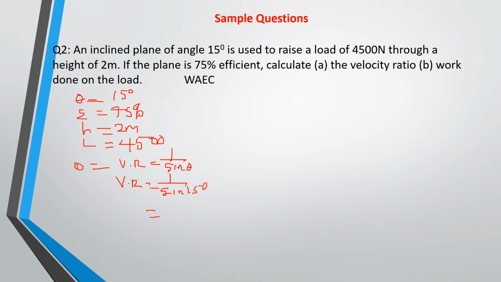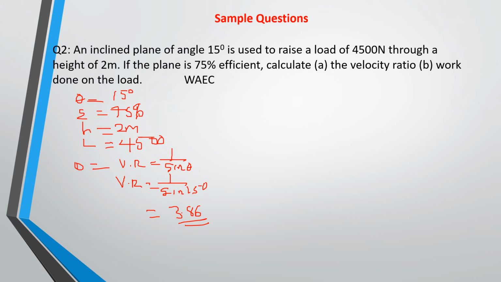So that gives you 3.86 as your velocity ratio. You can solve that by finding the sine of 15 degrees and then the inverse. So that gives us 3.86.